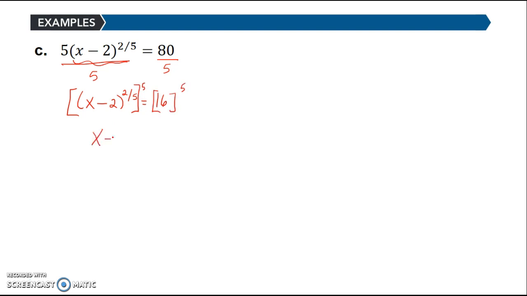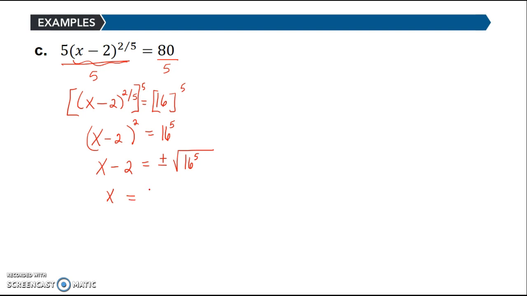So we get x minus 2 quantity squared is equal to 16 to the 5. Now when we solve for x, I'm not going to simplify that right now. When we solve for x, we can apply the square root property to show that x minus 2 is equal to plus or minus the square root of 16 to the 5.